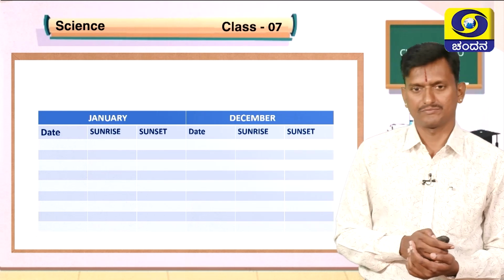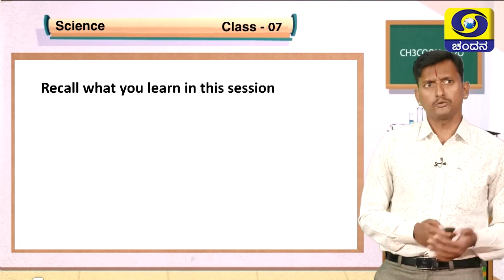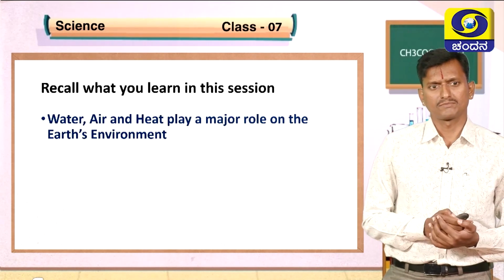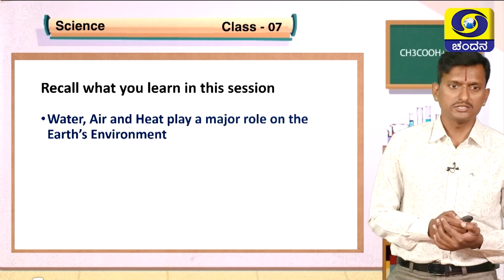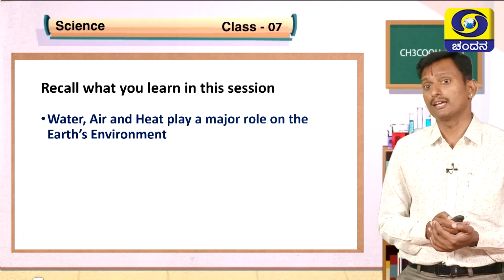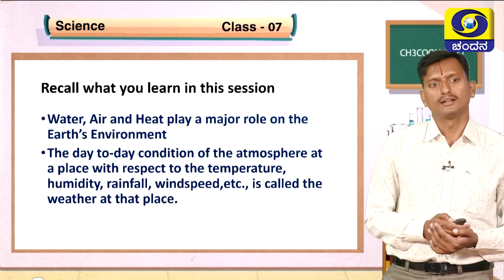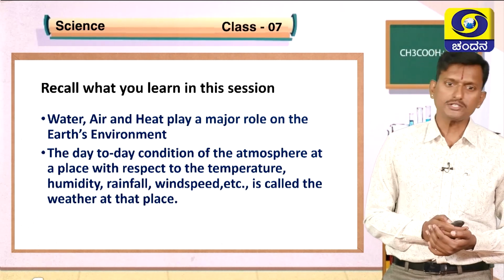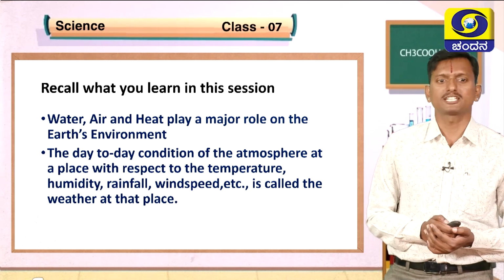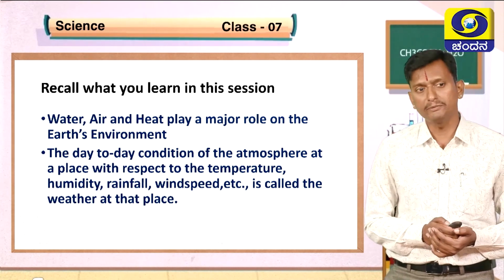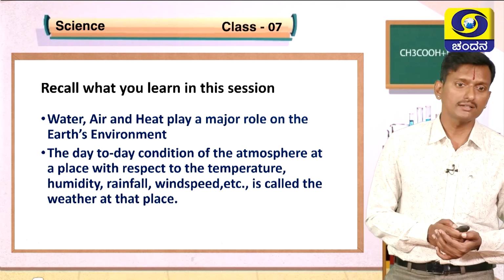Now, students, recall what you learned in this lesson. Water, air and heat play a major role on the Earth's environment. The day-to-day conditions of the atmosphere at a place with respect to temperature, humidity, rainfall, wind speed, etc. is called the weather of that place.